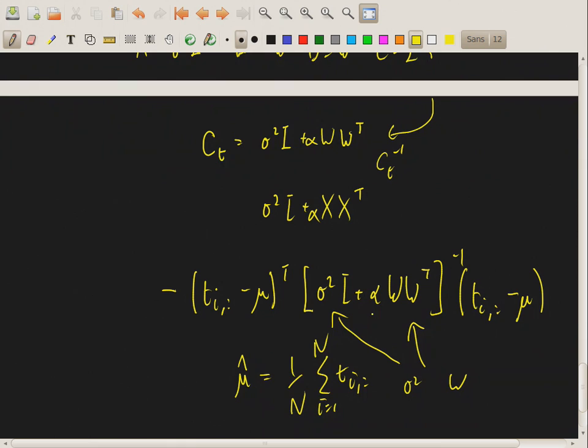And I'm quite proud of the fact that the people who discovered it were Tipping and Bishop. Mike Tipping is a close friend and was a colleague when I was at Aston, and Chris Bishop was my PhD supervisor. I'm not going to make you reproduce the proof, but they turn out to be fairly simple, related to the eigenvalue decomposition of the covariance matrix.